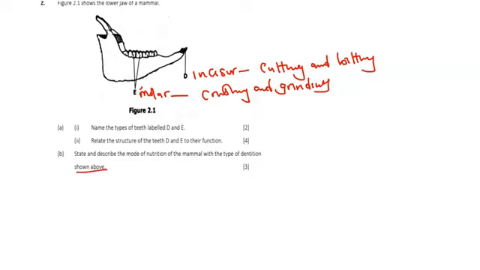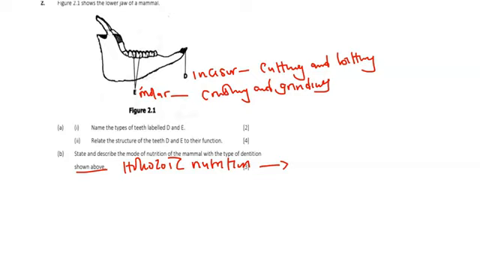So the type of nutrition for this is called holozoic nutrition. Now what is holozoic nutrition? We just looked at digestion. Holozoic nutrition is the kind of nutrition that occurs in animals in a special tube called the alimentary canal. So it occurs in the alimentary canal. That is holozoic nutrition.